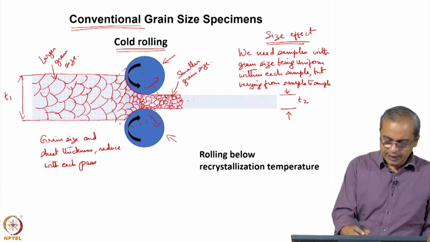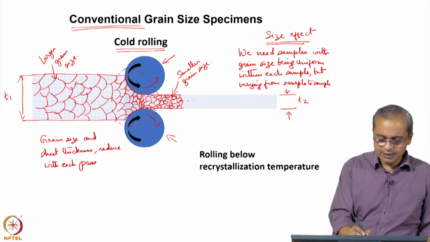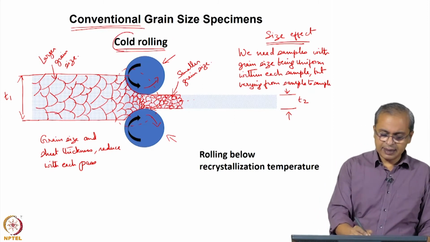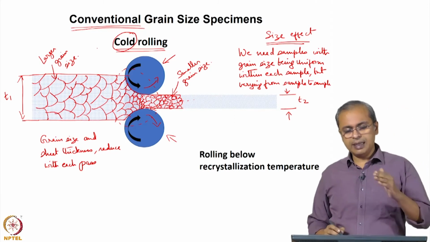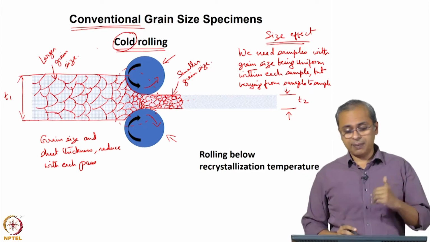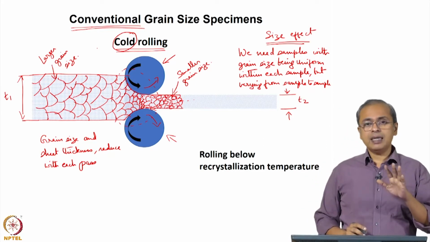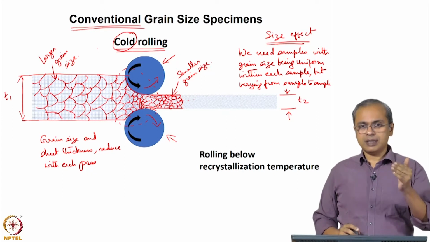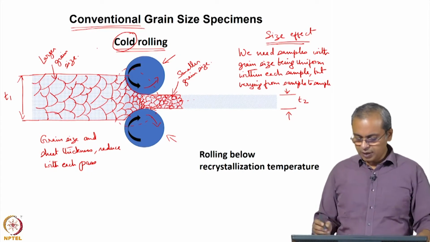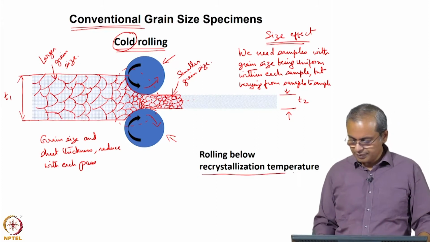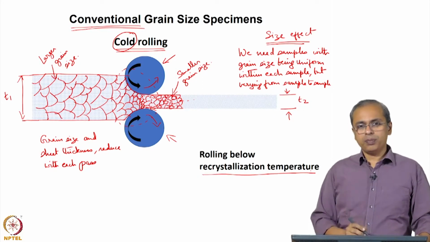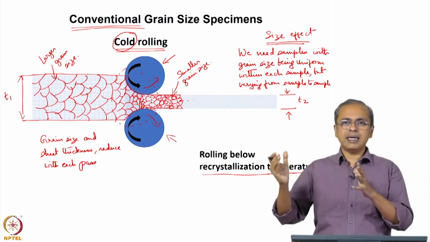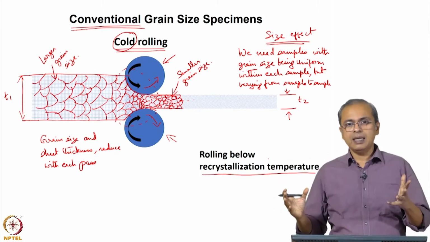Now, of course, it is also useful to keep in mind this idea that this is called cold rolling, and the reason is this: we are not deliberately heating the sample. More specifically, even if you do heat it, you do not heat it beyond a certain point, a certain temperature, and that is called the recrystallization temperature. So, typically for most metals, this temperature is approximately related to the melting point of that material in a certain way.